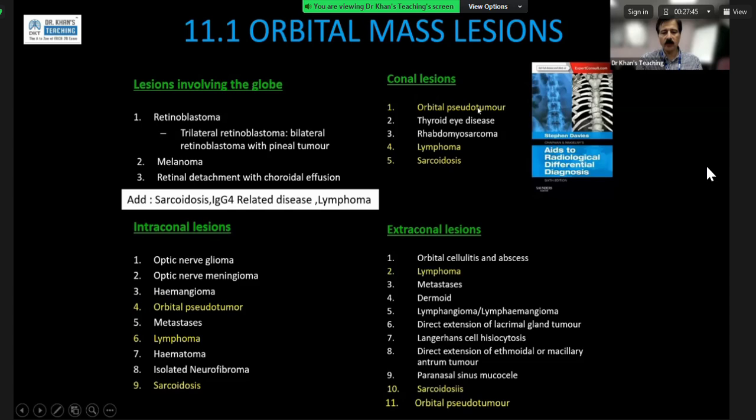Conal lesion: orbital pseudotumor, lymphoma, sarcoidosis. And you will see that these 3 are here also. And actually you can add it into this one also. So it's a good thing to remember that with these 3, you cannot go wrong. Other things, we will see in a few cases.